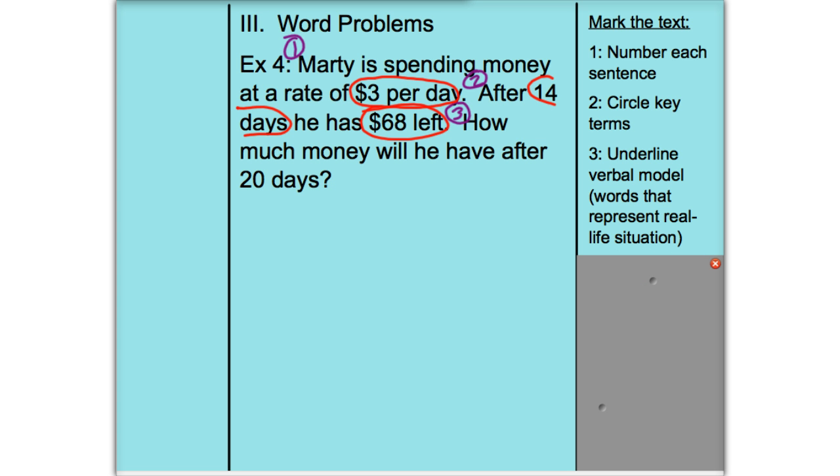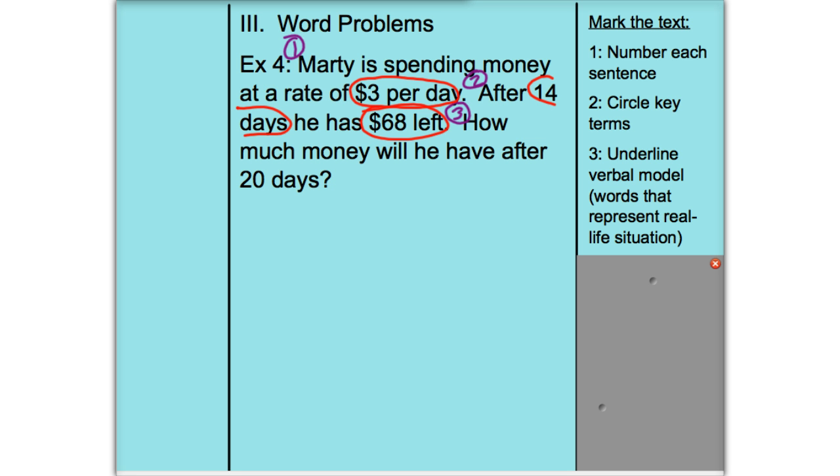The other piece of information that we want to make sure we focus on is what are called verbal models or mathematical models. What that means is words that tell you how to set it up. So words like "is" means equals. In this case, however, when we're saying Marty is spending money, it's not telling you Marty equals spending money. So we're actually not going to underline that word, but that is one that you want to watch out for in a word problem.